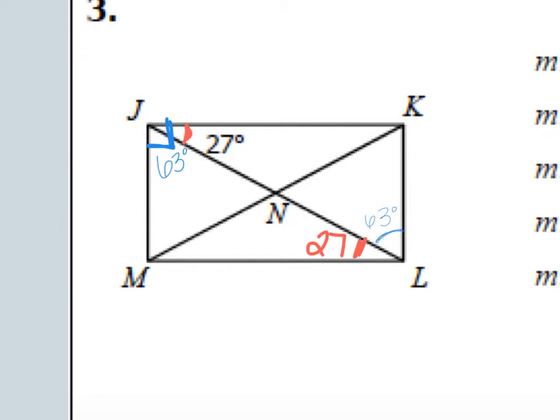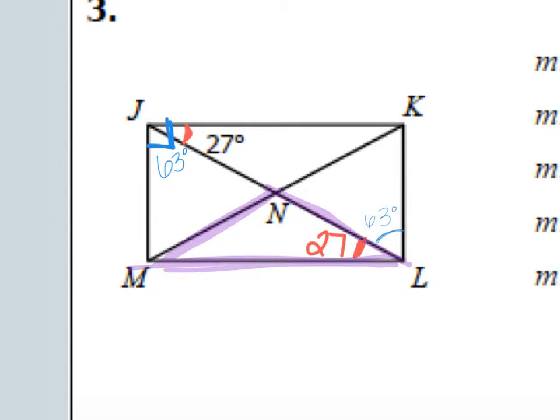Okay, so here's the cool thing about rectangles. I'm going to see if this works with a highlighter. Every one of these triangles that's created in my rectangle is an isosceles triangle.